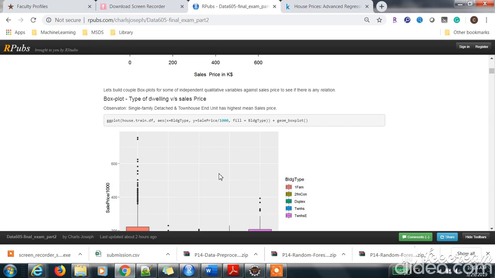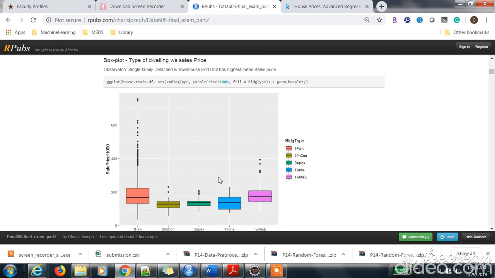The first thing is type of dwelling. I can see the single family detached and the townhouse end units have the highest mean sales price. So it looks like there is some relation between these two variables.